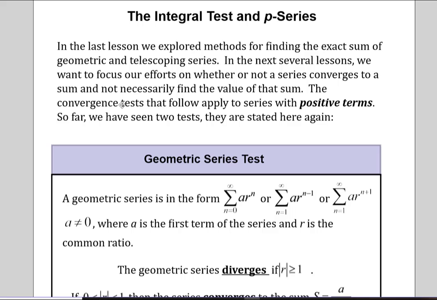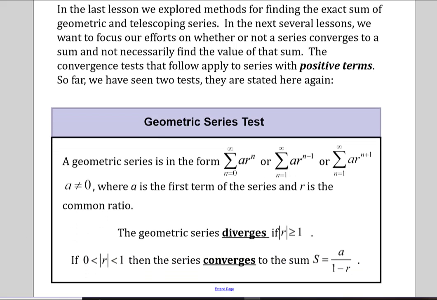And one important point today is that the convergence tests that we're looking at will have to apply to series that have positive terms. And here are the two tests we saw in our first lesson. The geometric series test basically said that the series diverges if the ratio is greater than or equal to 1, regardless of the sign.